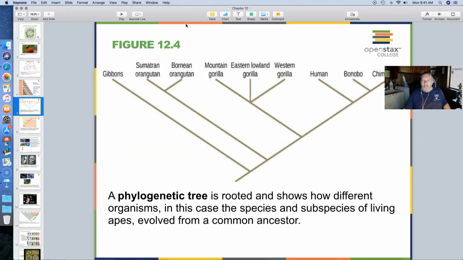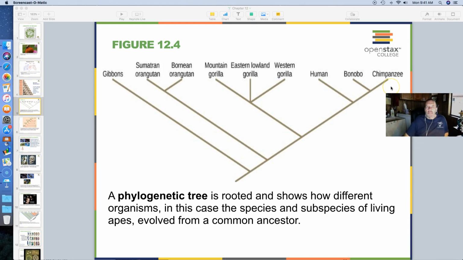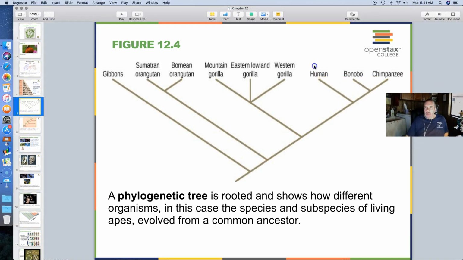Again, here we have an example of a phylogenetic tree where we have some of the primates pictured. And so on this phylogenetic tree, you see the humans are over here. And we're off one branch of the tree, along with the bonobo and the chimpanzee.